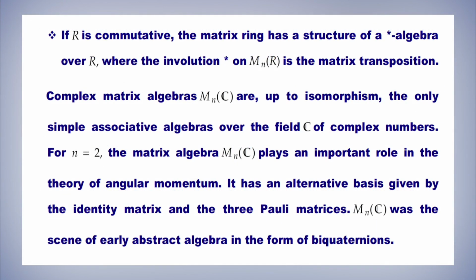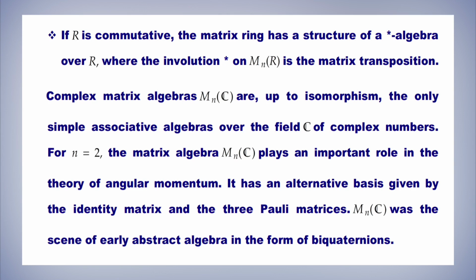If R is commutative, the matrix ring has a structure of a star algebra over R, where the involution star on Mn(R) is the matrix transposition. Complex matrix algebras Mn(C) are, up to isomorphism, the only simple associative algebras over the field C of complex numbers. For n = 2, the matrix algebra M2(C) plays an important role in the theory of angular momentum.